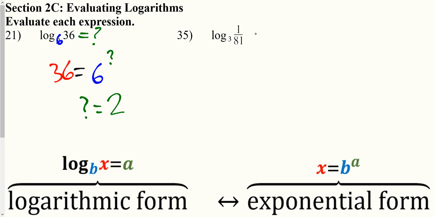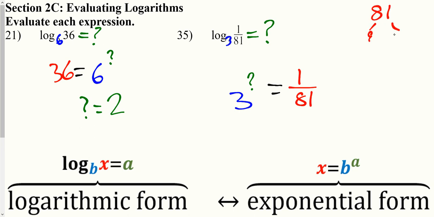We can use that same approach over here. We have our base of 3. It would be 3 to our unknown power equal to 1 over 81. Now, remember, 81 is 9 times 9, but that's a 3 and a 3, followed by another 3 and a 3. So this is 1 over 3 to the 4th, which would be equal to 3 to some unknown power.